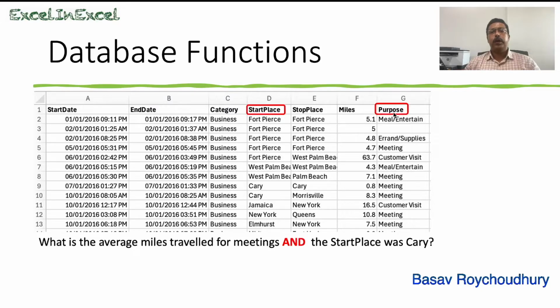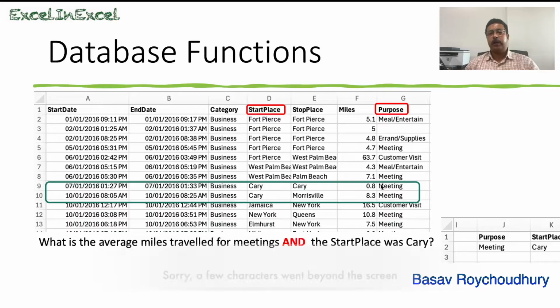Now we have two fields to look at: purpose, meeting; start place, Carry. Again, like before, we identify the records which satisfy this criteria. In this case, we see that there are only two records which satisfy this criteria. Start place is Carry and purpose is meeting. Whatever the values in the other fields, we are not bothered about, and therefore we have these two records.